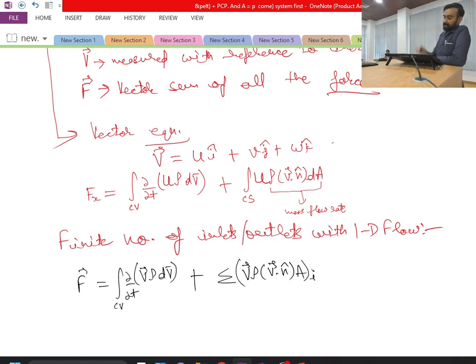Still in this summation I am having both inlets as well as the outlets. Why? Because this v dot n I am considering. So for outlet it will be positive and for inlet it will be negative.